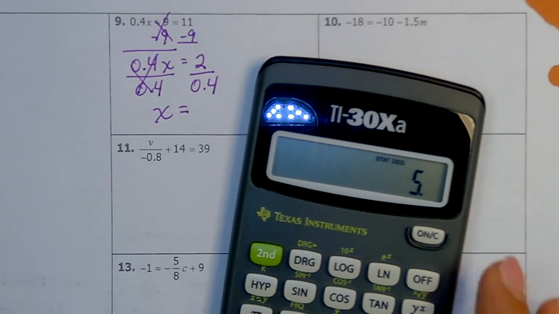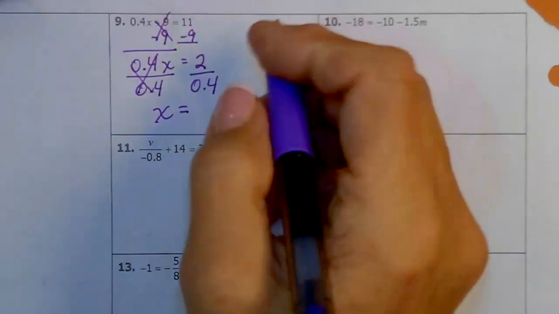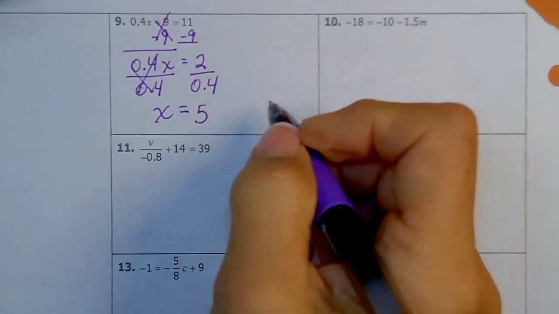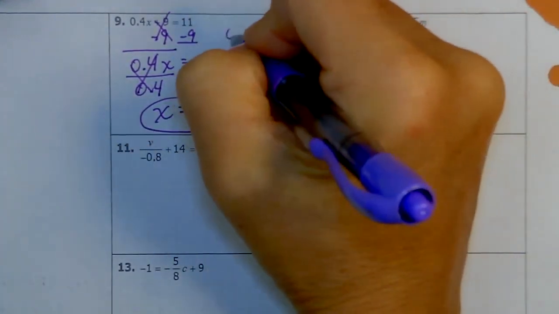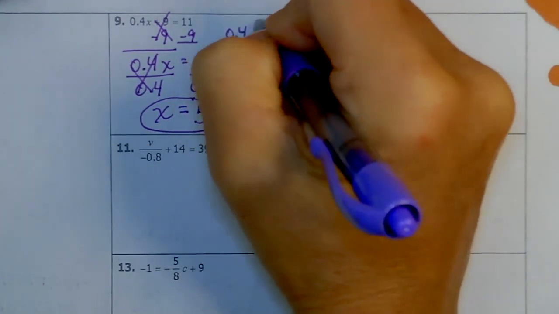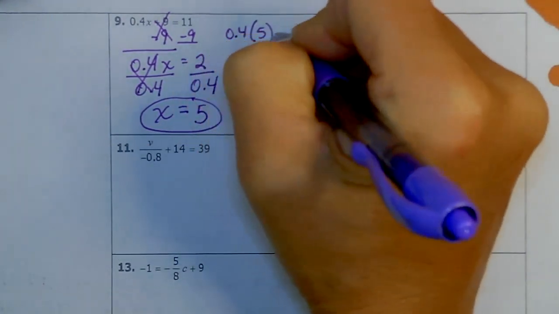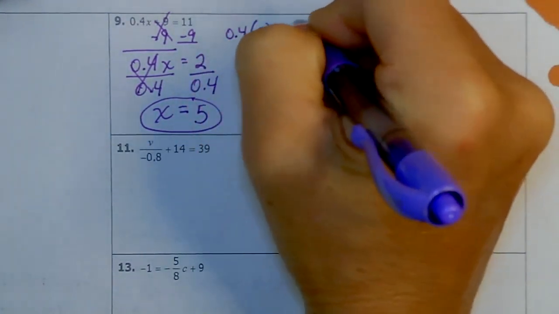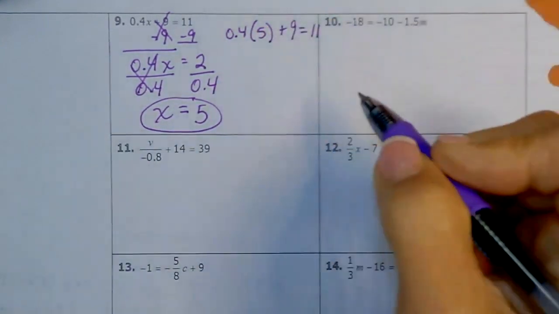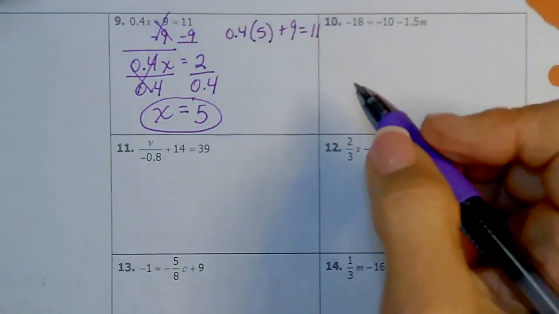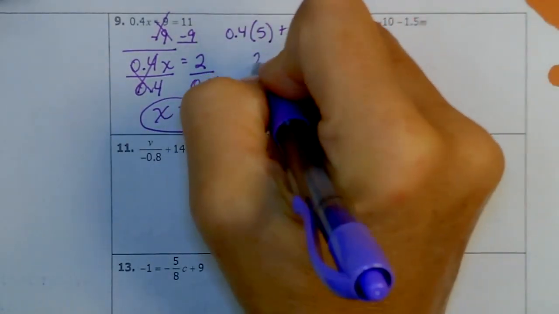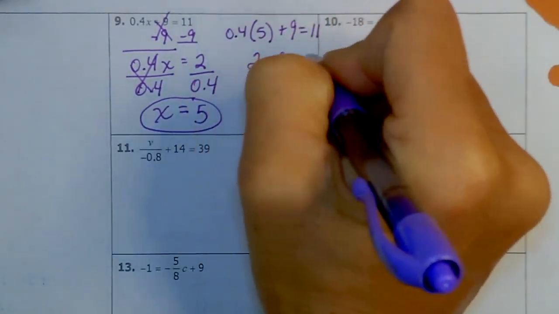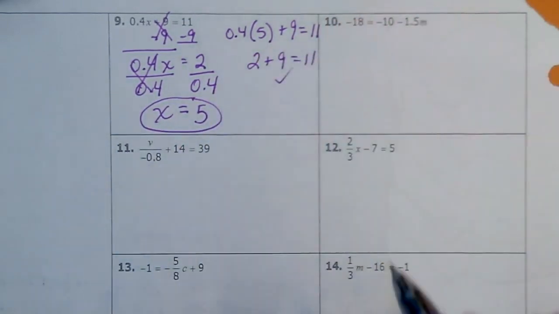My answer is 5. Check. So this is 0.4 times 5 plus 9 equals 11. I use my calculator, and I end up getting 2 plus 9 equals 11, which is true.